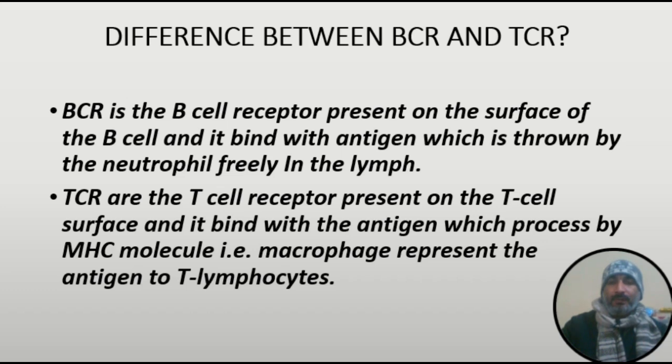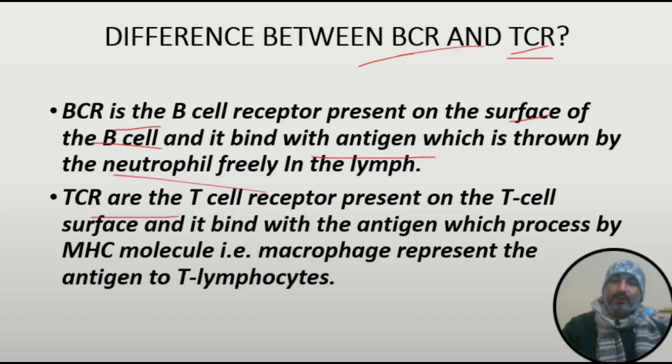Here I make a comparison between BCR and TCR. We know that BCR means B cell receptor and TCR means T cell receptor. That's very simple: the TCR is present on the T cell, the BCR on the B cell. BCRs are present on the surface of B cells, and bind with antigen which is thrown freely by neutrophil in the lymph node.